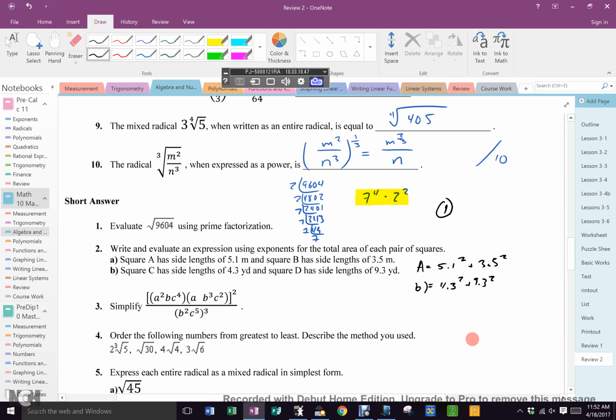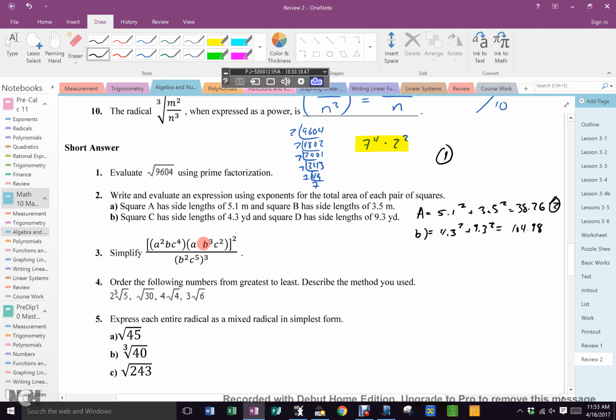Whatever that is. So 5.1 squared plus 3.5 squared is 38.26. And 4.3 squared plus 9.3 squared is 104.98. 1 mark each, so that's out of 2.